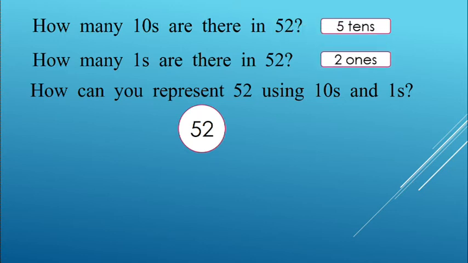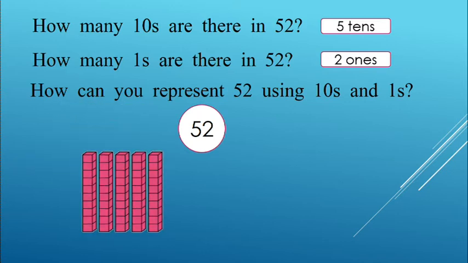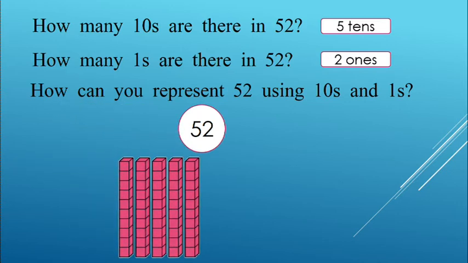Yes, correct, 2 ones. To represent 52, we make use of a counter abacus. For 52, we can use 5 tens blocks and 2 single counters, which make up 52. So 5 tens and 2 ones are 52.